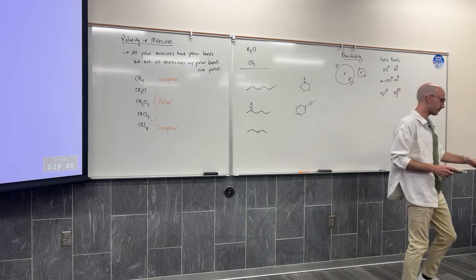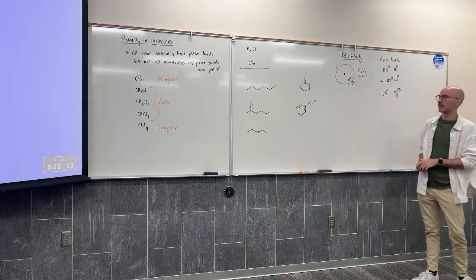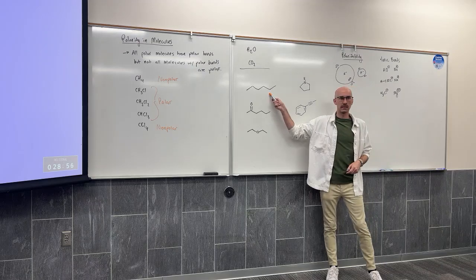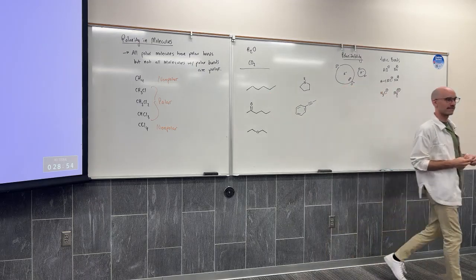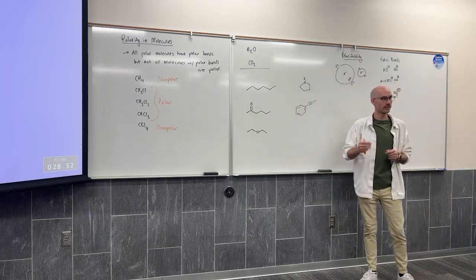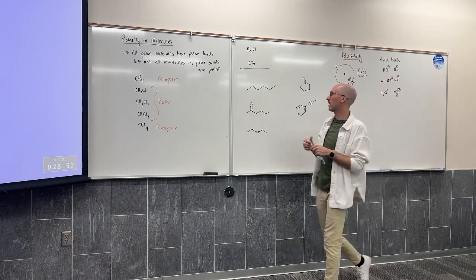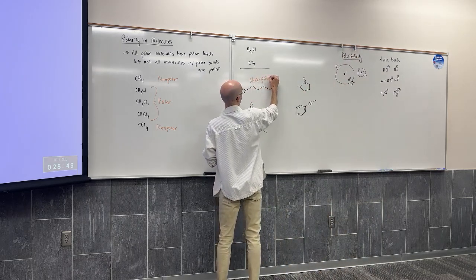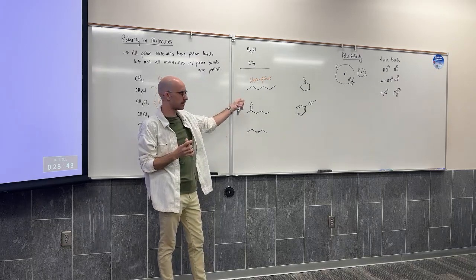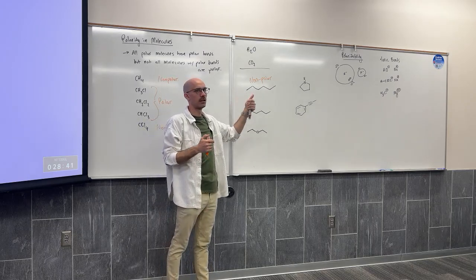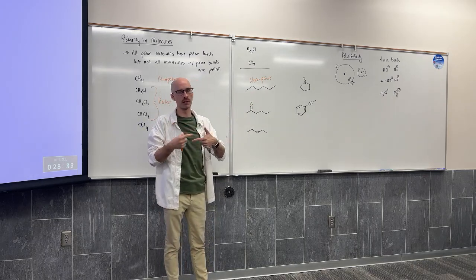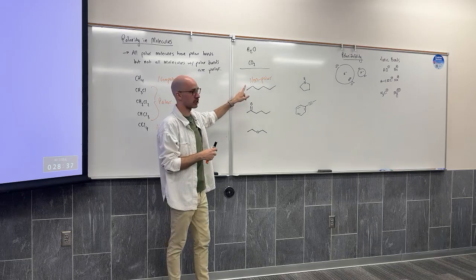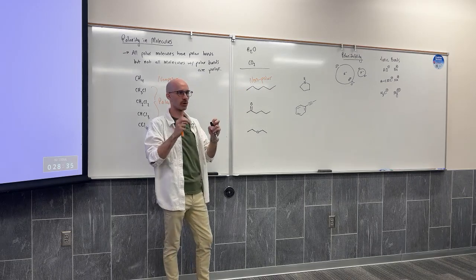All right, guys, let's see what you got here. Structure number 1. Non-polar? Raise your hands. Great. We know that the bonds that constitute this molecule are carbon-carbon single bonds, pure bonds, and carbon-hydrogen bonds, non-polar bonds.